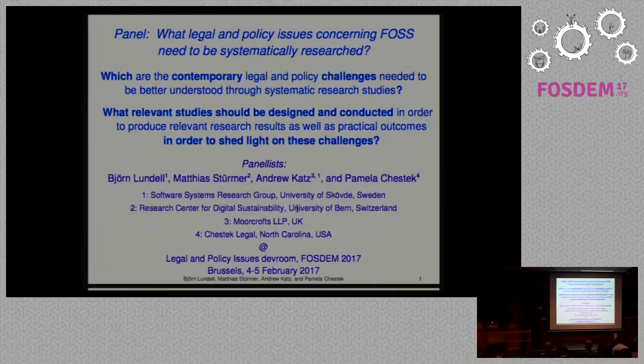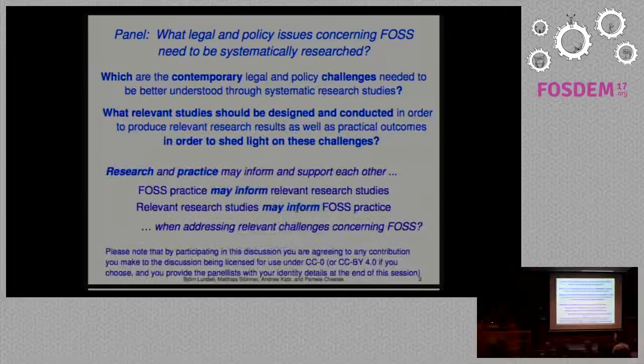That's basically the idea. And you can see the affiliations there, and the slides will be available afterwards. And the other panelists will introduce themselves in connection with their position statement afterwards. But first, Andrew will say a few words on the idea here with the panel.